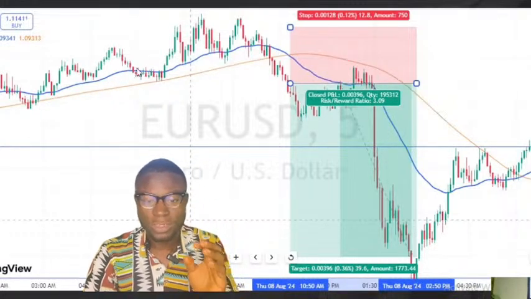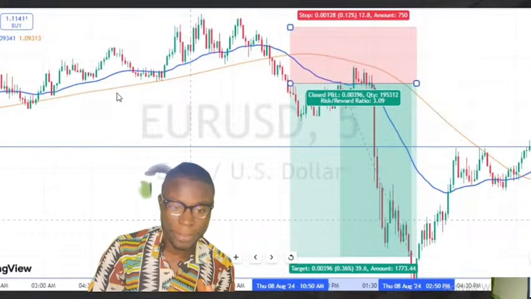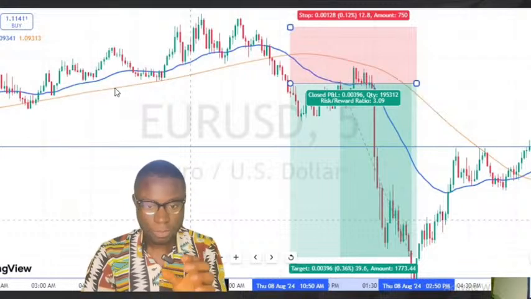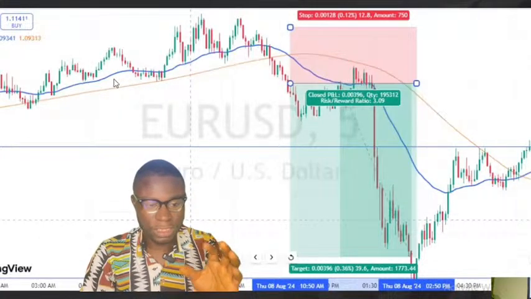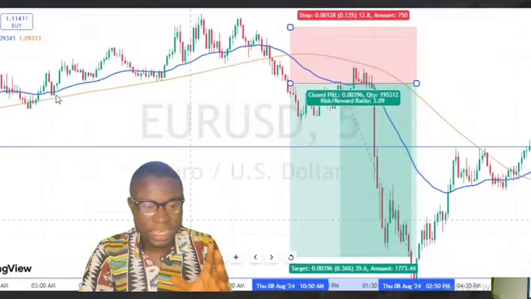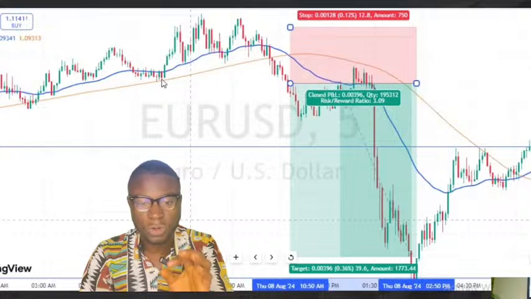Price was trending above these moving averages, especially above this orange colored moving average. This is the number one thing you need to observe. Price has been moving above the orange colored moving average.